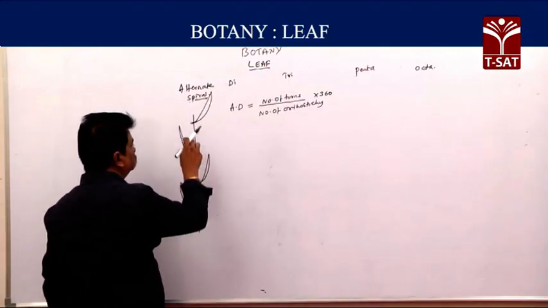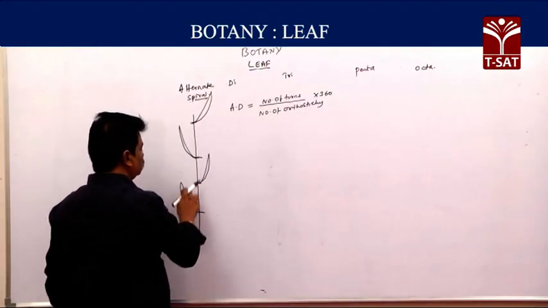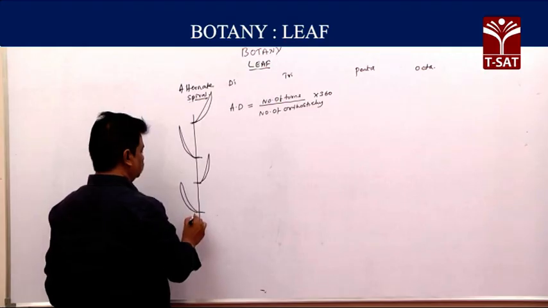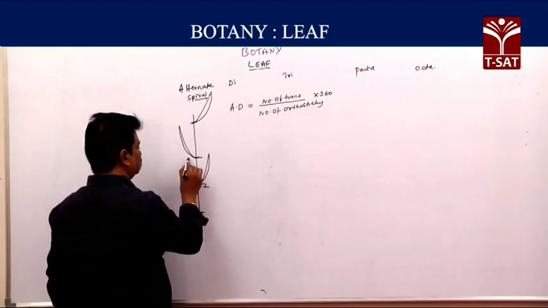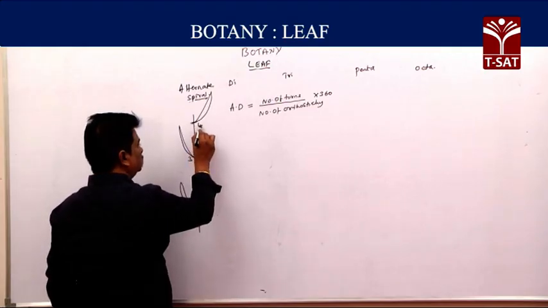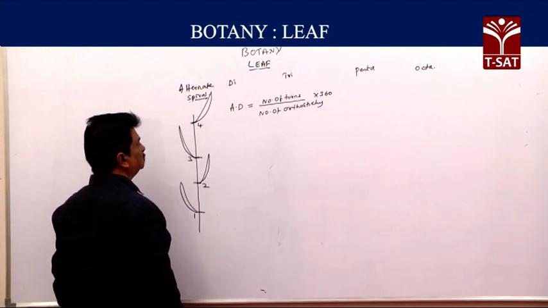In the first type, leaves are arranged in 2 vertical rows. For example, first, second, third and fourth.